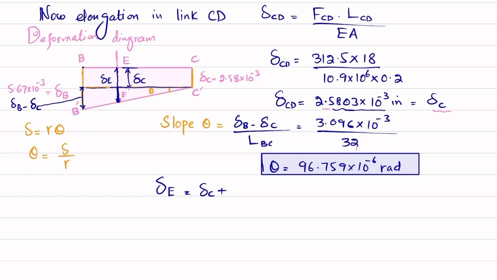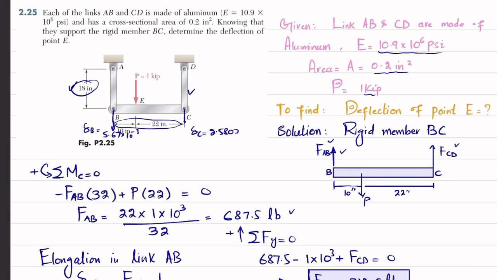This distance will be LEC into theta. By using this formula, S is equal to R theta, this theta multiplied by this length will give you this distance. So I will write it LEC into theta. So del C is 2.5803 into 10 to the power minus 3 plus LEC is 22 inch.